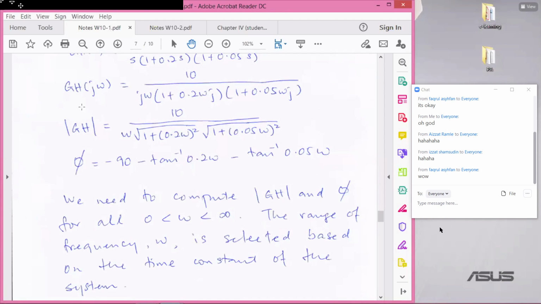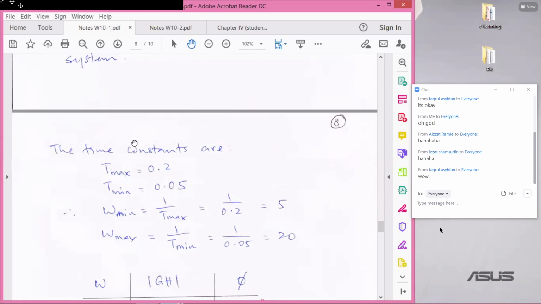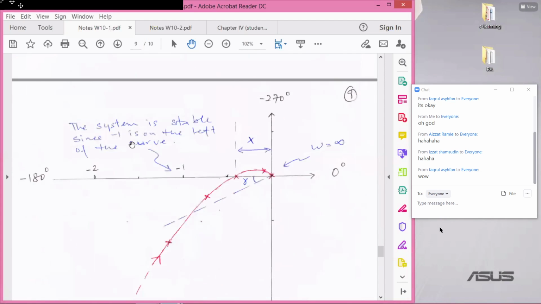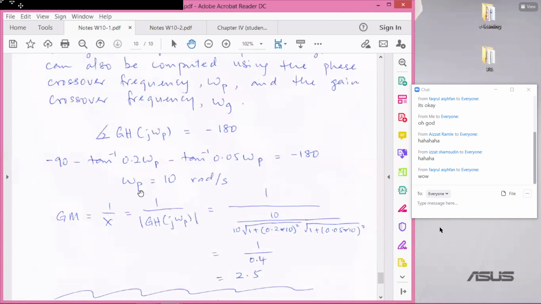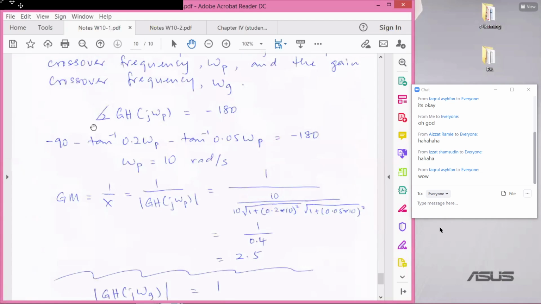When the magnitude is 1, the frequency at that particular point is the gain crossover frequency. Using that definition, you can compute the phase crossover frequency and the gain crossover frequency.